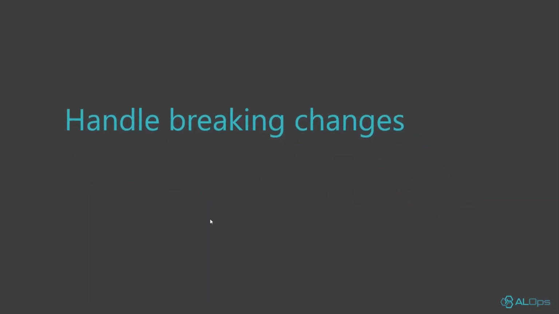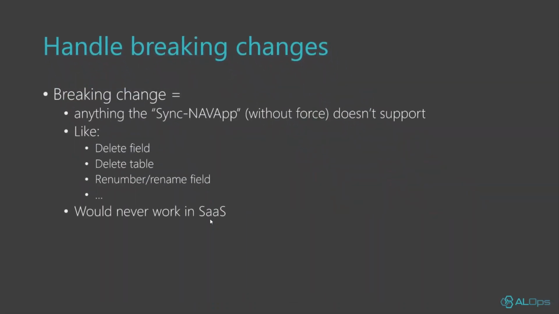Just imagine that you have multiple customers of the same app, and a new customer is able to use the app with a breaking change, but now you want to upgrade an old customer and you have a breaking change. This is very difficult to overcome. Breaking changes are something to avoid, and you are able to add just two simple steps in your build pipeline to download my previous one and just make sure that is available before I compile and publish the one that I'm building at the moment.